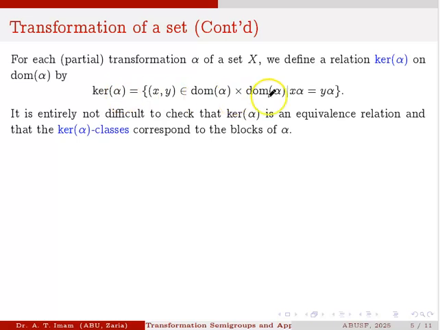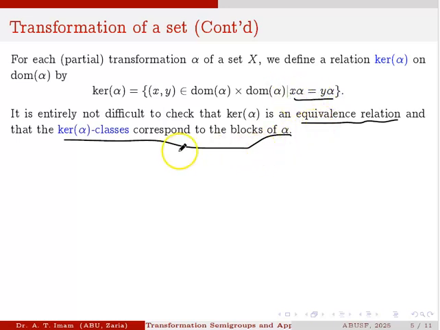So by the very definition of this kernel of alpha, it is not difficult to check that the kernel of alpha is an equivalence relation, meaning it's a relation that is reflexive, symmetric, and transitive, and that the kernel classes correspond to the blocks of alpha. Because you remember we defined a block of alpha as the group of elements that map to the same image, and you now say that X and Y are related if they have the same image.